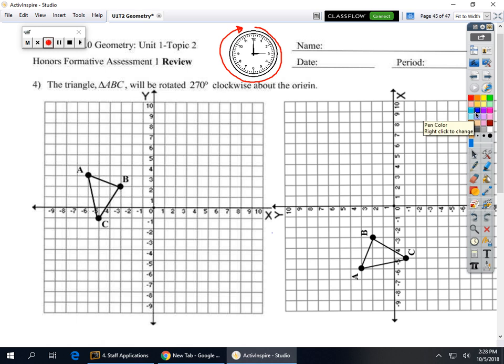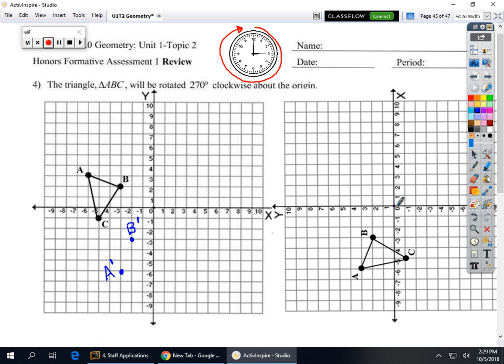Well, if I'm going to plot the new image, then let's think. Where's my B if I pretended this was upright? That would be 2 left and 3 down. So I'm going to go 2 left, 3 down. That will be my B prime. What about my A? A is 1, 2, 3, 1, 2, 3, 4, 5, 6. So that is my A prime.